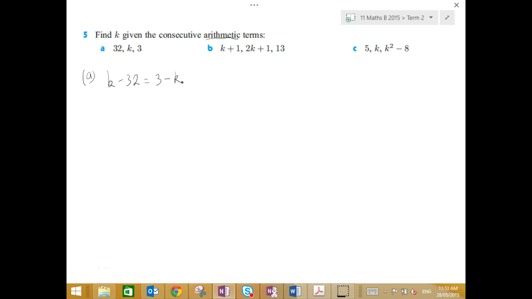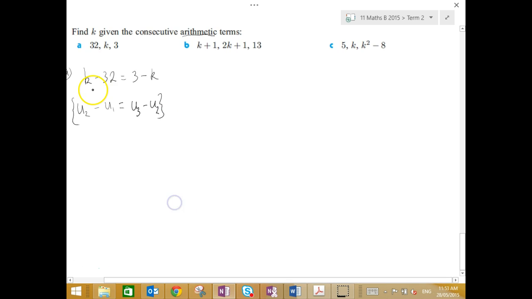If I take the second term, so what I've done here is I've got the second term and I've subtracted the first term. And that should be identical to if I did the third term minus the second term. Because for an arithmetic sequence, the difference between terms is constant. So we don't really need that line there.